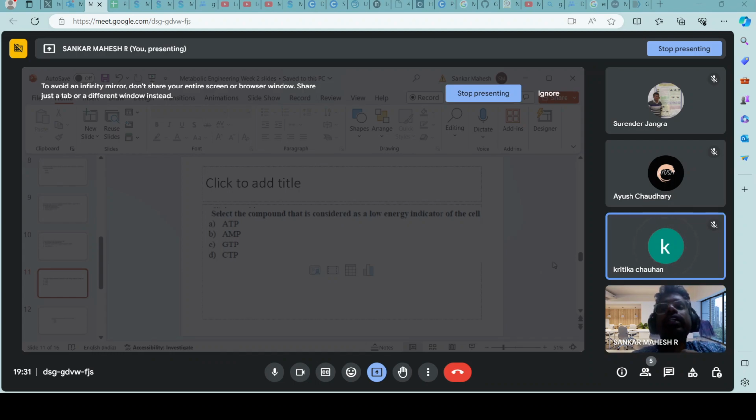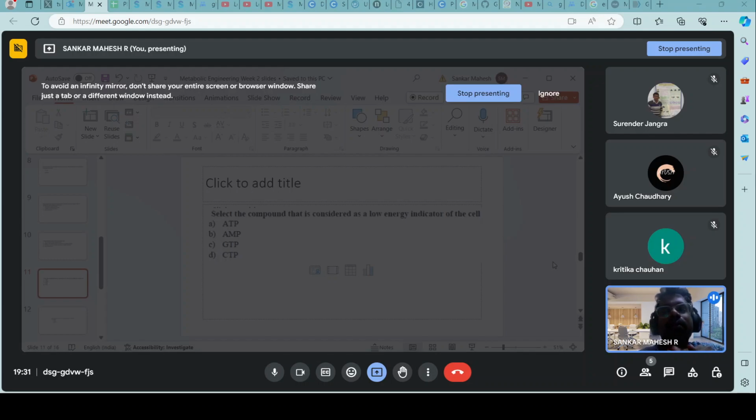Yes, sir. So what I was saying is ATP is a high energy source. When it is hydrolyzed, it forms ADP and inorganic phosphate. When ADP is hydrolyzed, it forms AMP and inorganic phosphate. Some energy is released in this process.